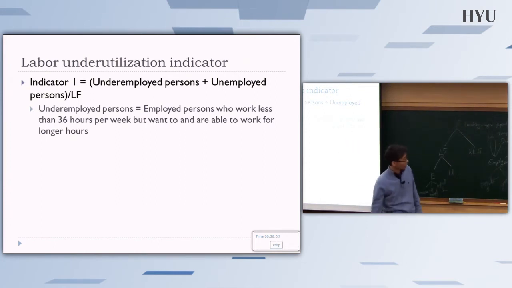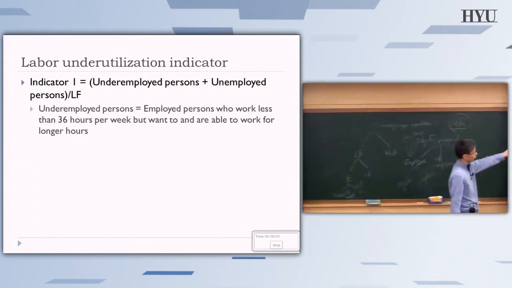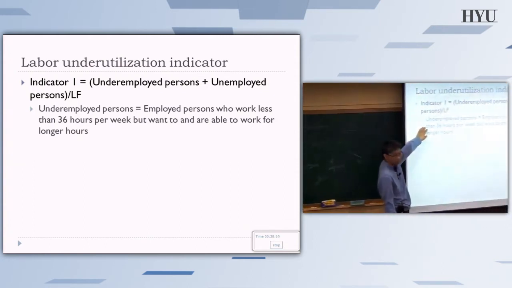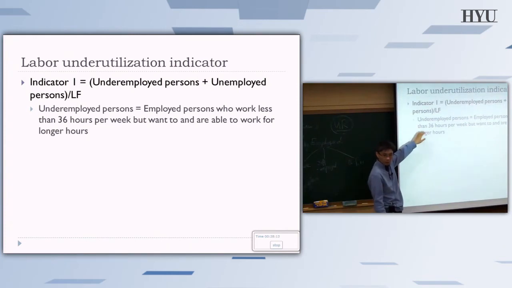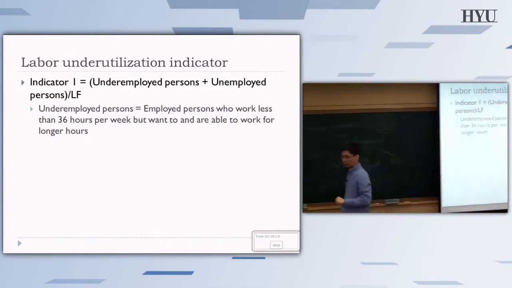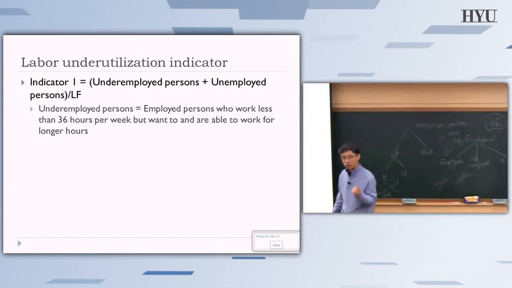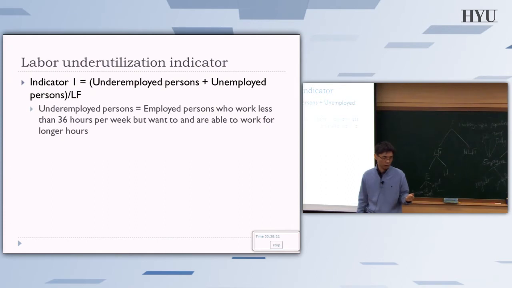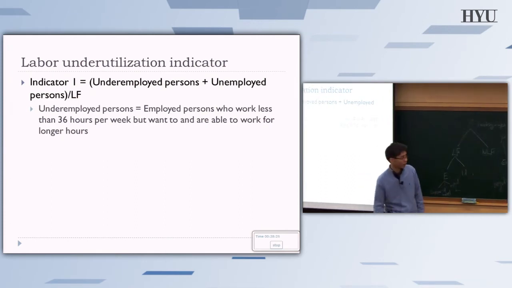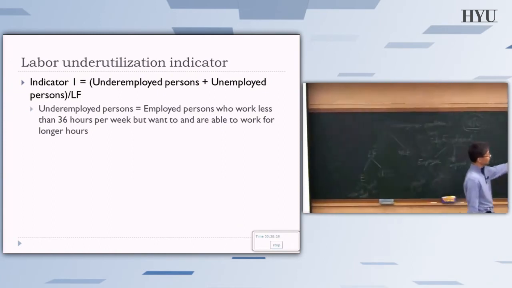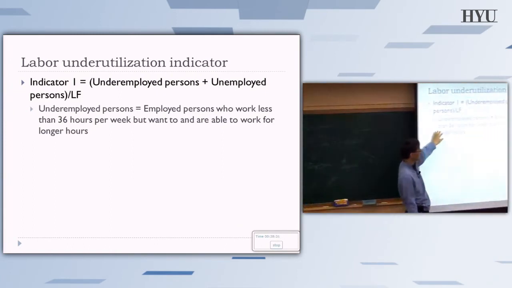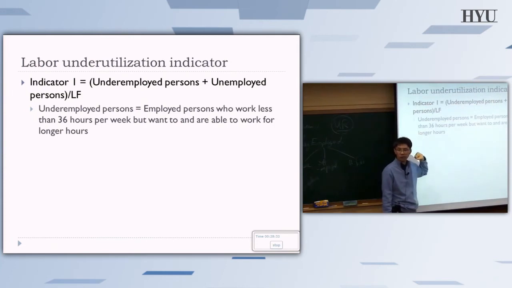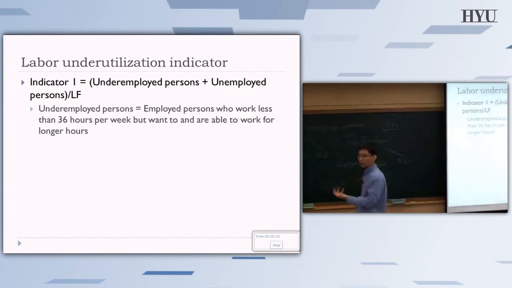So who are underemployed? Underemployed persons are employed persons who work less than 36 hours per week, so not full-time. In Korea's case, a full-time worker means working 36 hours or more per week. Part-time is 35 or less. So it's not full-time, but they want and are able to work longer hours. In the labor force survey, there is a question about this.